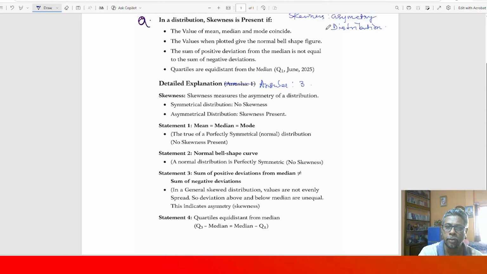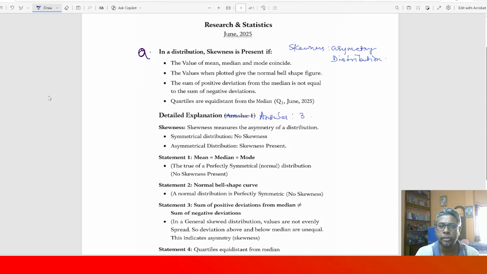Next, we move on to our next question. This question is based on skewness. Based on skewness, which statement is correct about mean, median, and mode in a distribution where skewness is present? Number one, the values of mean, median, and mode coincide. Number two, values when plotted give a normal bell-shaped figure.